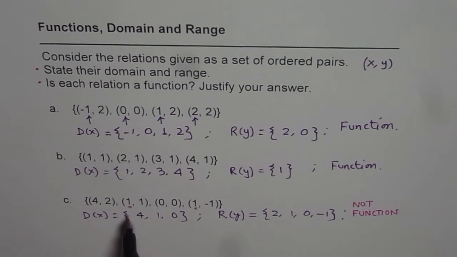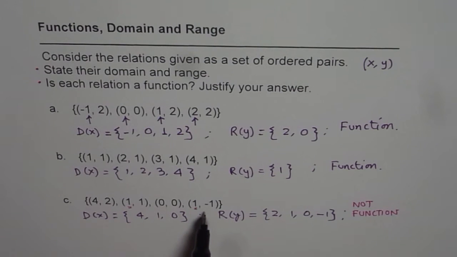So if an element in the domain is associated with more than one element in the range, as in this case where 1 is associated with 1 and -1, it is a relation, but it is not a function.